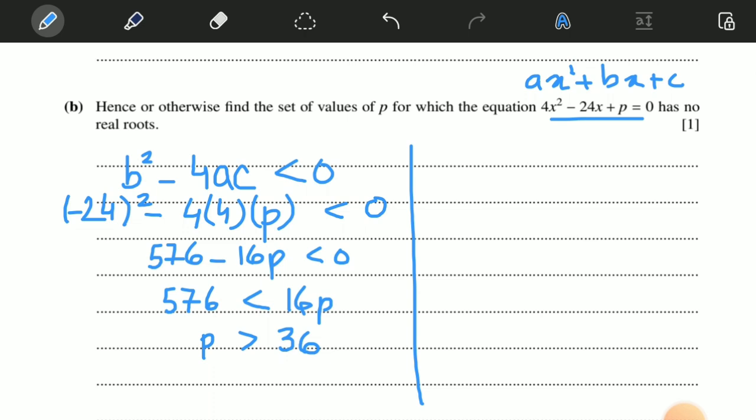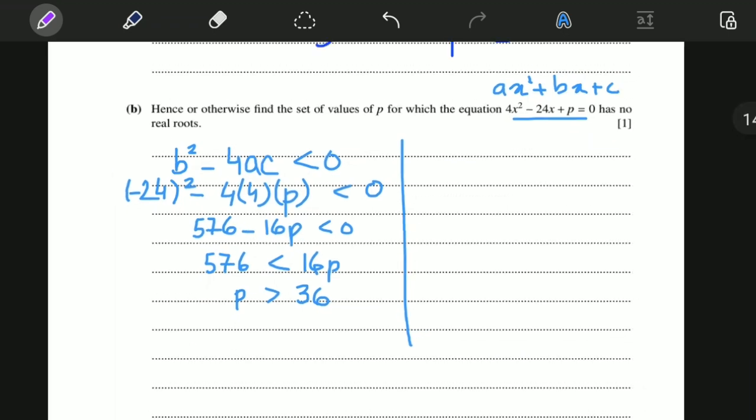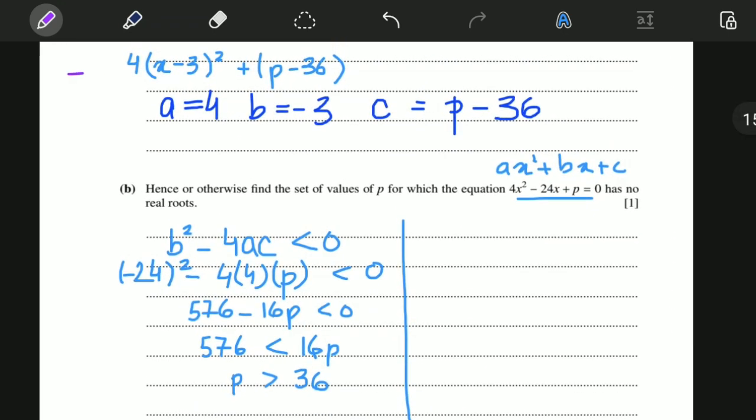Okay, for the second method we are going to use the completed square form, this one. And in this completed square form, the value of a suggests that it is going to be a minimum point because it is positive. Okay, so let's first find the minimum point.